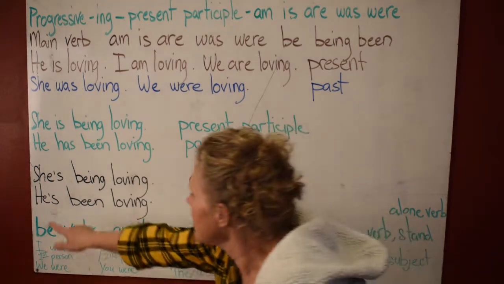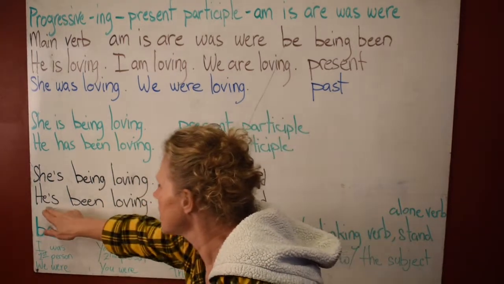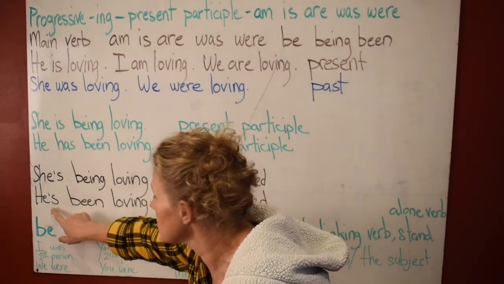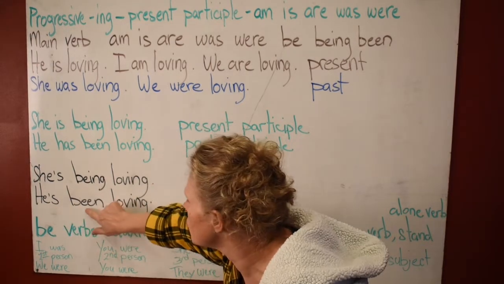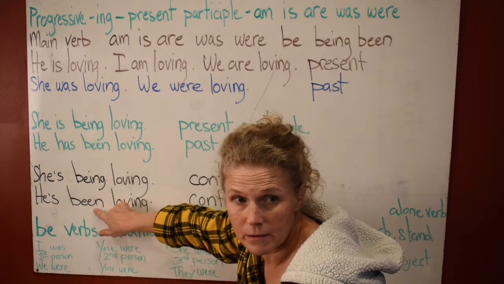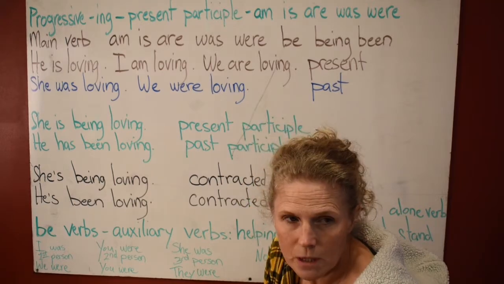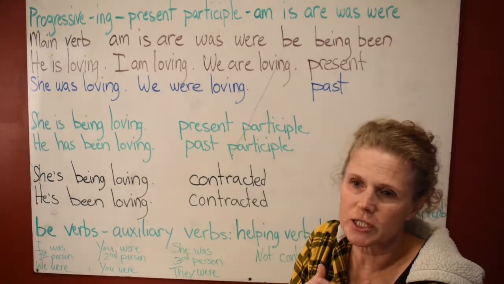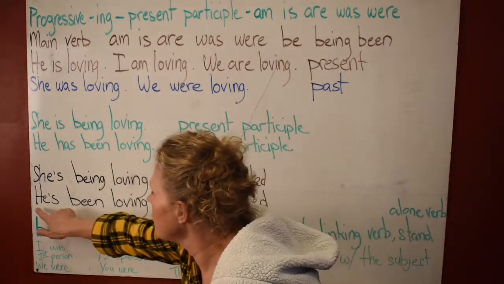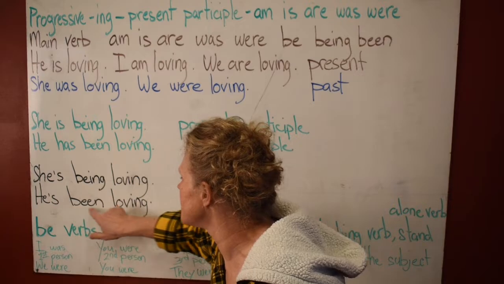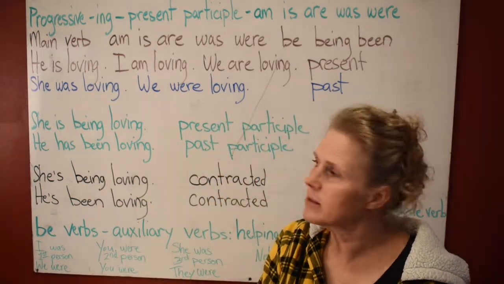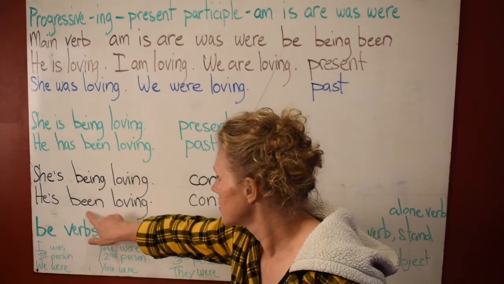But look at this. Can this say he is been loving? Can this apostrophe S be is, Paul? No, because we know it cannot go with been. Is that why we don't do contractions in... No, when you're writing, it's just informal to do contractions. But how do you know that this isn't he is been loving? We know that because it doesn't make sense. Because been is past.